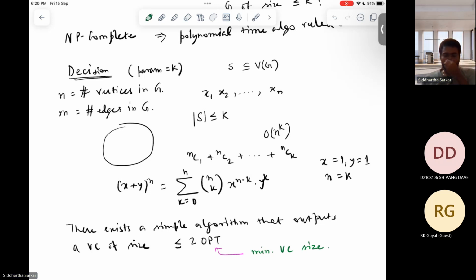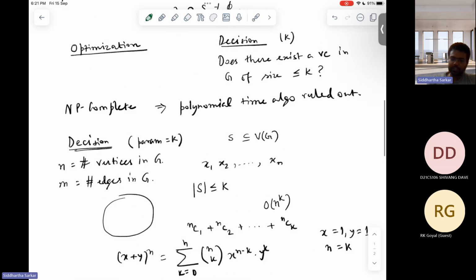Okay. So suppose there is a graph, and in this graph there are n vertices and m edges, and the minimum vertex cover size is, let us say, 100. Then there is an algorithm that can give you a vertex cover whose size is at most 200. Yes. So this is similar to what you had initially suggested.